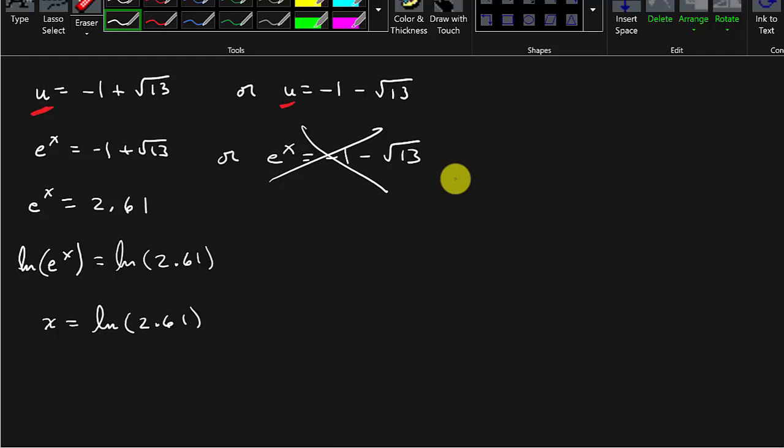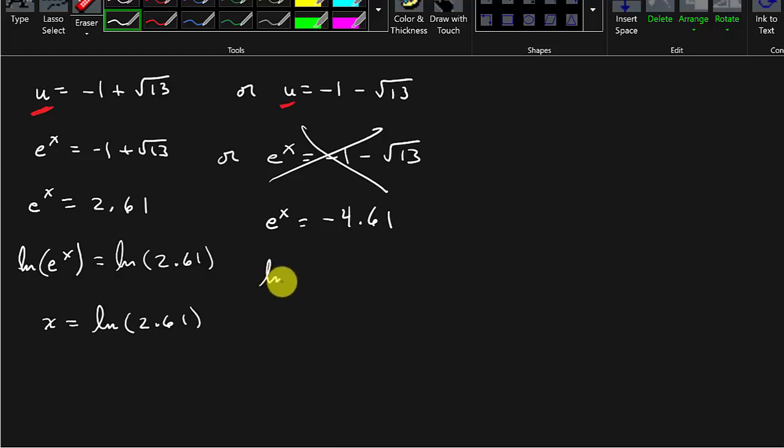Okay? But let's just suppose we don't recognize that, and we plug that into our calculator. Negative 1 minus square root of 13. That's negative, e to the x equals negative 4.61. Like I said, this part right here, you don't have to do, but just in case some of you do, let's just go through it and I'll show you what happens. All right.